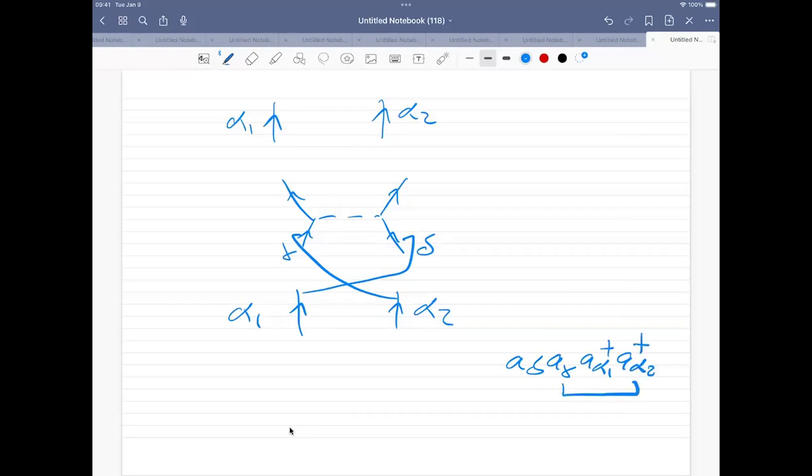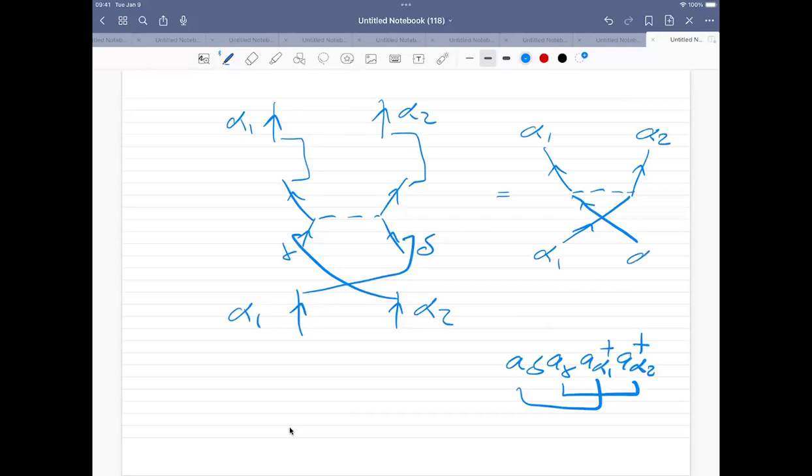When we perform that contraction, and then we had this possibility where we just contracted these ones, that gives us, when we write the final diagram, no minus sign here, but we would just draw the diagram. We would have an alpha 1 coming in here, an alpha 2, and then we have crossing fermion lines. So we would have an alpha 1 here and an alpha 2. This is just a way to draw these diagrams.